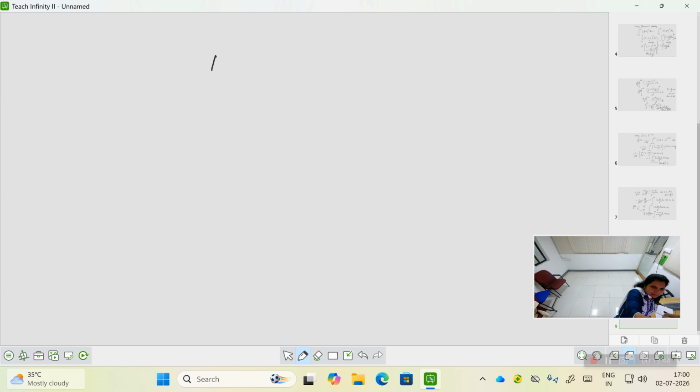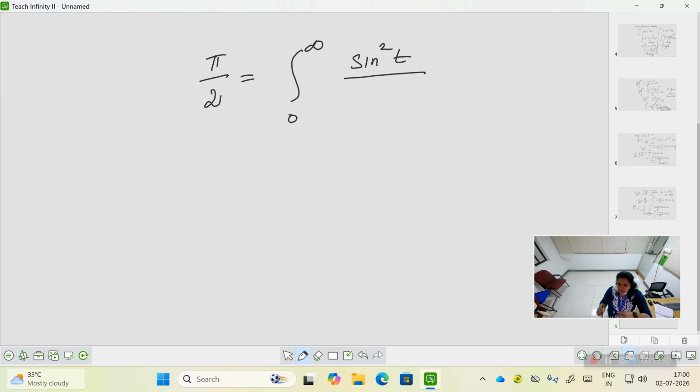So what do you get? Pi by 2 is equal to 0 to infinity sin square t divided by, so s is what? 2t. You are getting s square, is it? 2t the whole square into 2 dt.